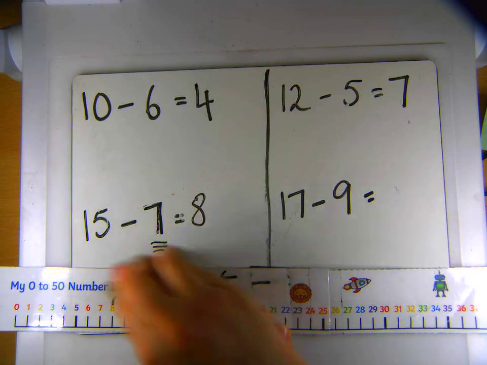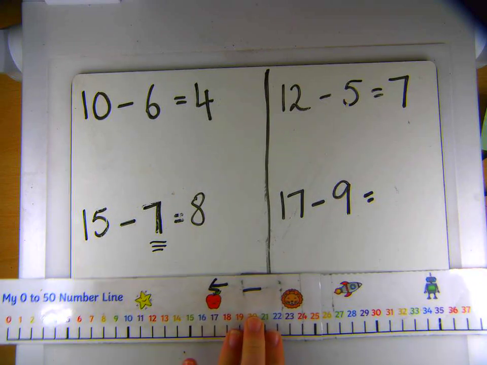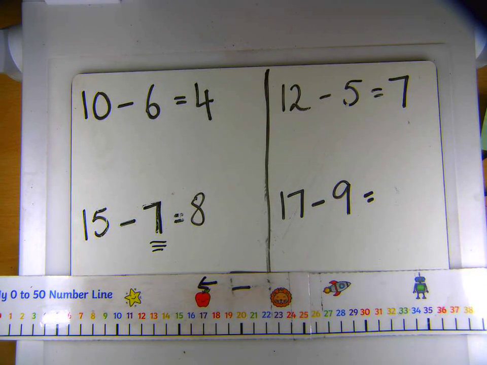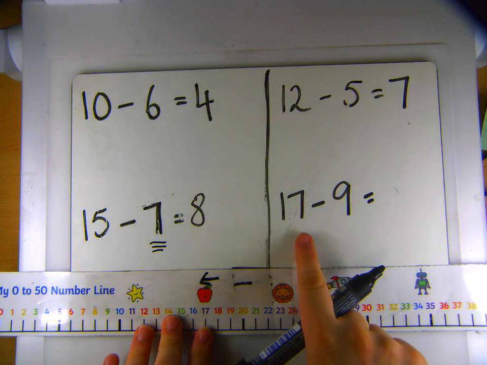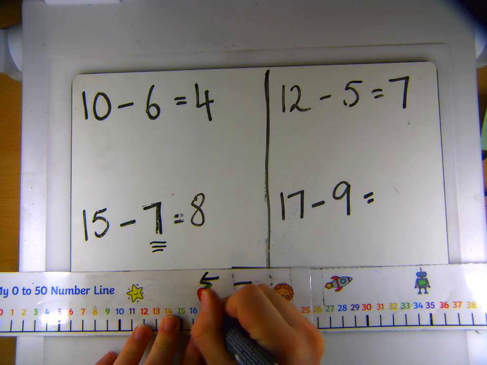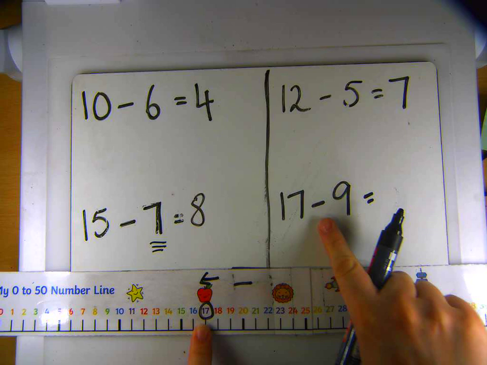I'm just going to clean this one and we're going to try 17 take away 9. So coming over here, again I'm looking at my bigger number, so that I'm going to start off with, which is 17, which is over here, and I'm going to take away 9.